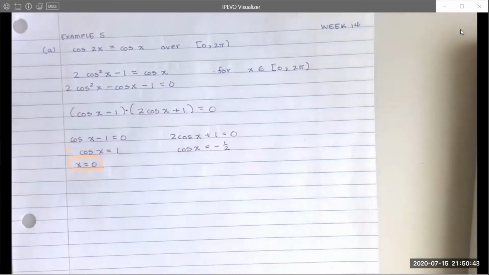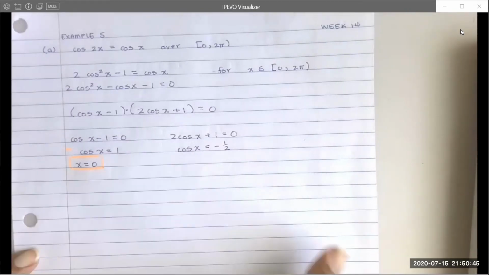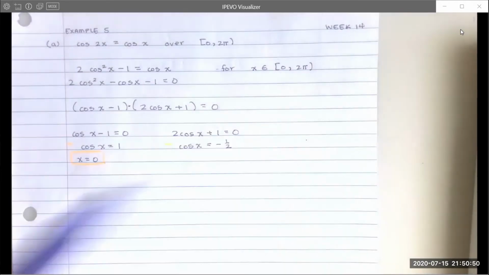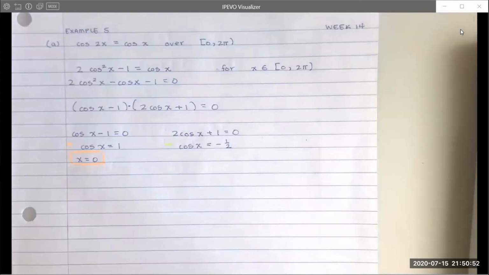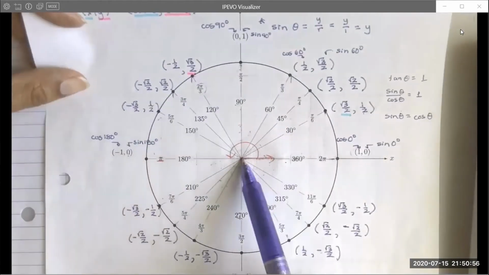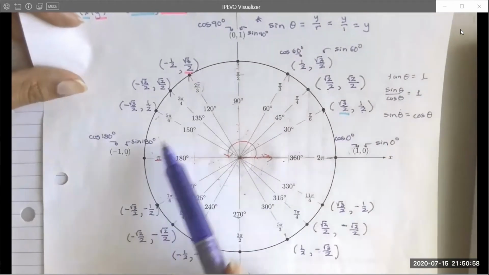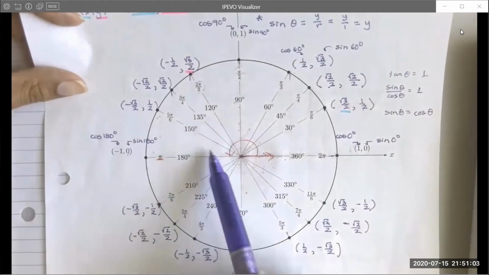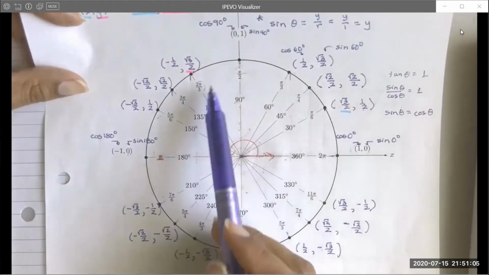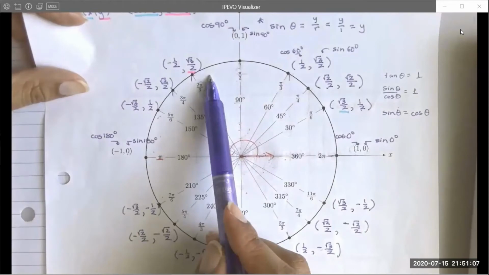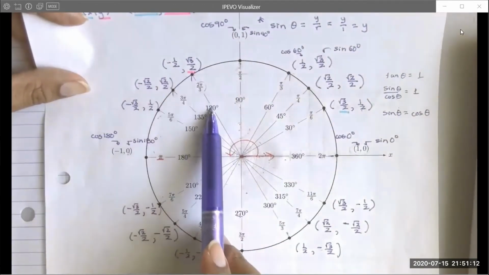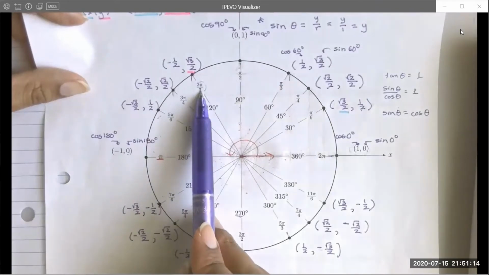For the second equation, we have cosine x is equal to negative 1/2. So we want to find all the places in the unit circle with a cosine value of negative 1/2. That's going to happen in quadrants 3 and 2, because that's where cosine is negative. In quadrant 2, cosine being negative 1/2 happens at 120, which is the same as 2 pi over 3.